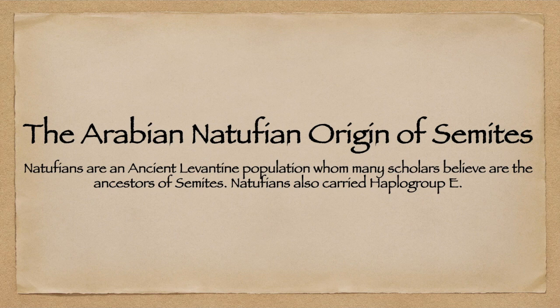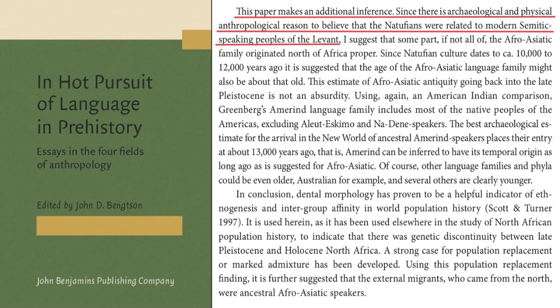Natufians are an ancient Levantine population whom many scholars believe are the ancestors of Semites. This is why I think this is interesting. And Natufians also carried haplogroup E. This is from In Hot Pursuit of Language and Prehistory, and it reads, this paper makes an additional inference, since there is archaeological and physical anthropological reason to believe that the Natufians were related to modern Semitic-speaking peoples of the Levant.